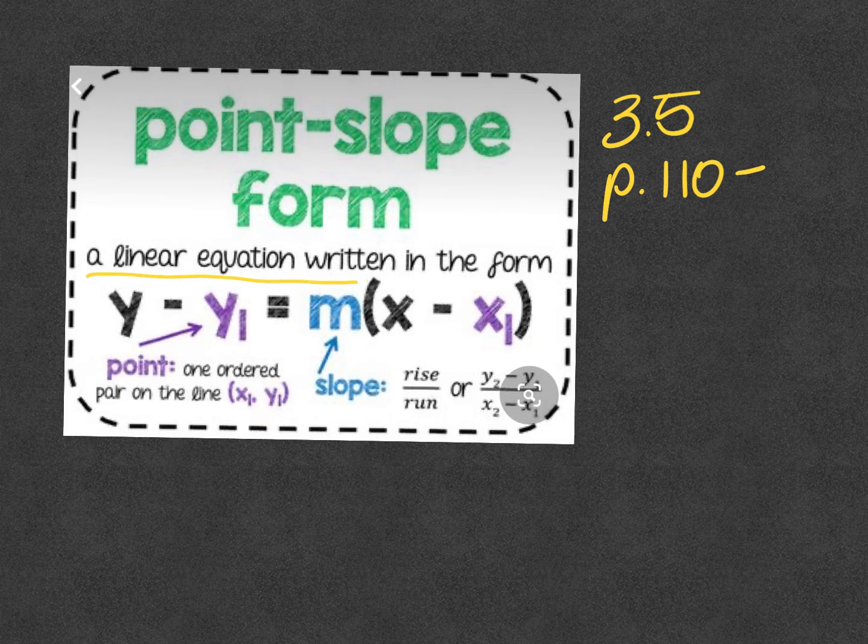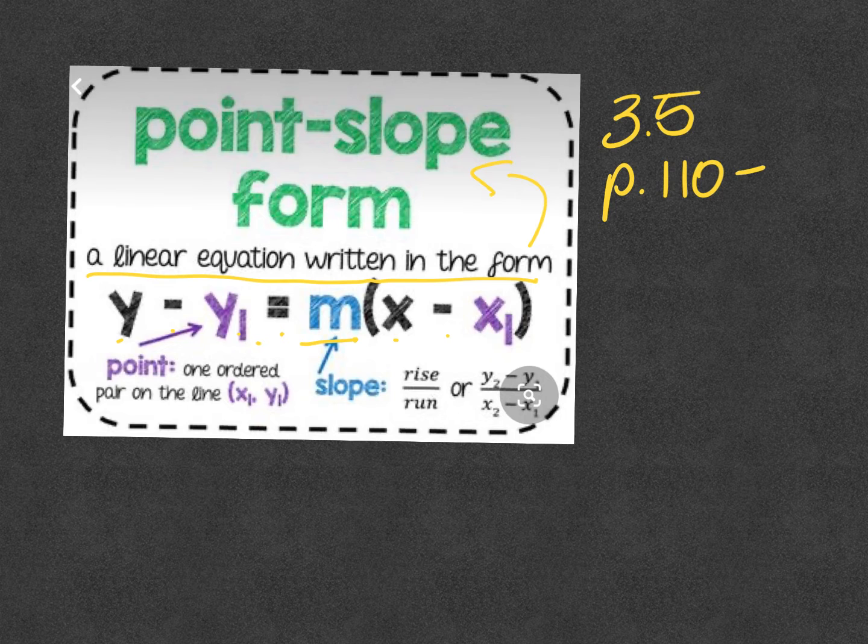A linear equation written in the point-slope form is y minus y1 equals your slope times x minus x1, okay? I'll give you guys a copy of this to put in your binder when we get back to school, hopefully tomorrow, but I don't know about that. We'll see.